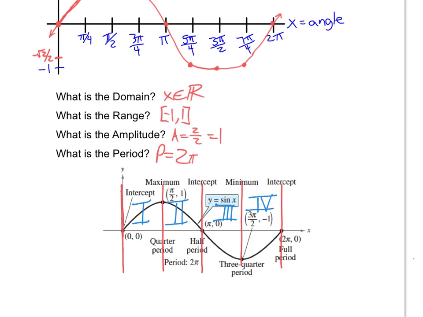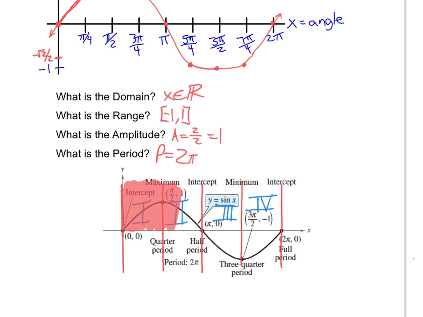Okay? Now, what did we learn before about sine in the different quadrants? It's negative in 3 and 4, and it's positive in 1 and 2. Well, look at our graph here, guys.